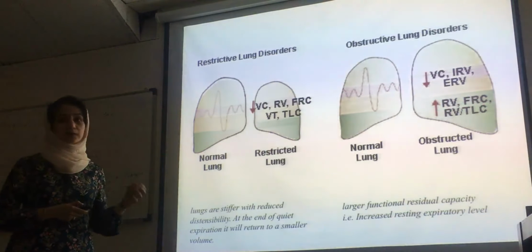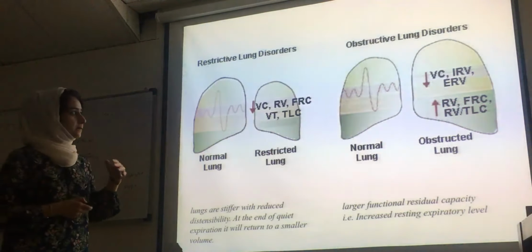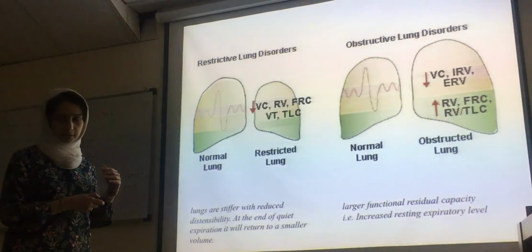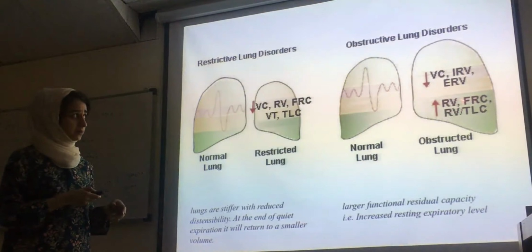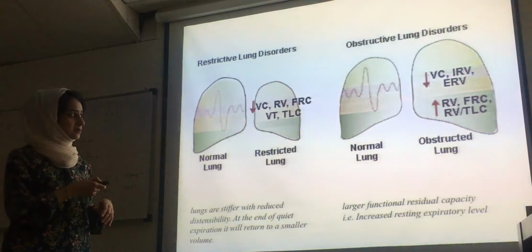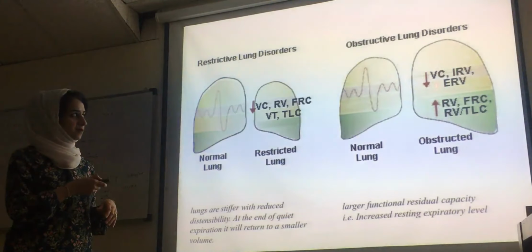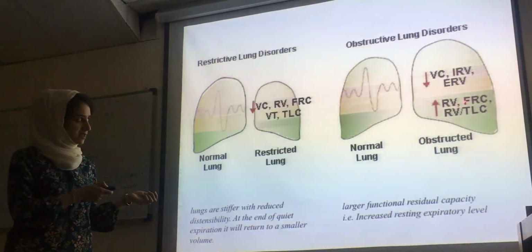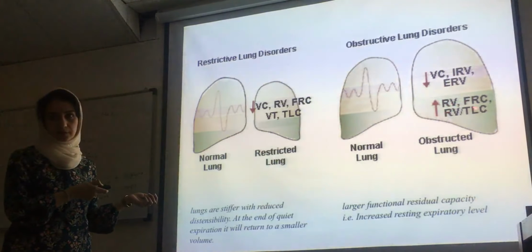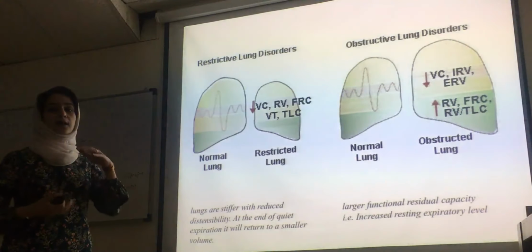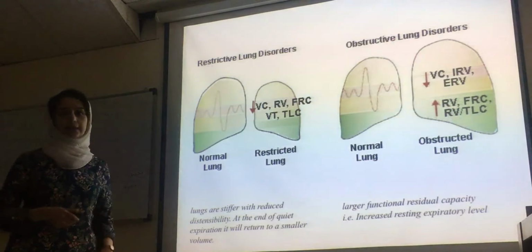It will increase because there is air trapping, air remaining in the airway, in the alveoli. The air remaining there will cause expansion of the lung, and at the same time, this will prevent further taking of air, so the vital capacity will reduce at the expense of the residual volume and functional residual capacity. So the air remaining in the lung will become higher. All the lung volume will increase.